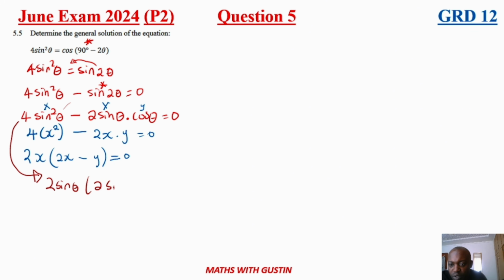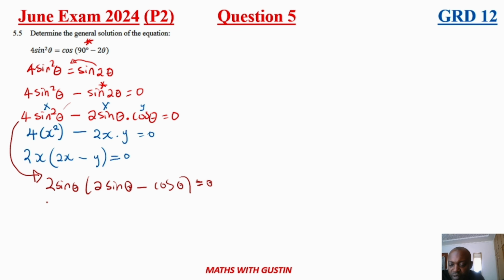We're going to be left with 2 sine theta minus cos theta is equal to 0. And that's how you would deal with this one. Just applying simple basics, guys, you can already see.